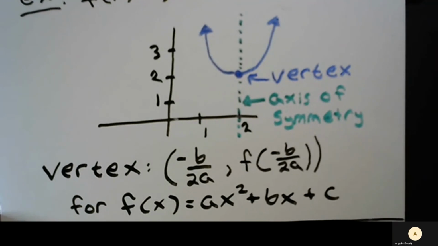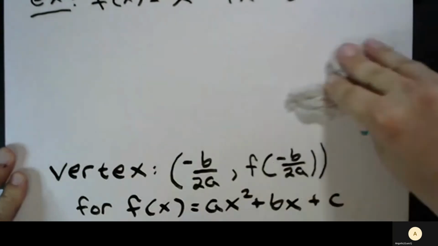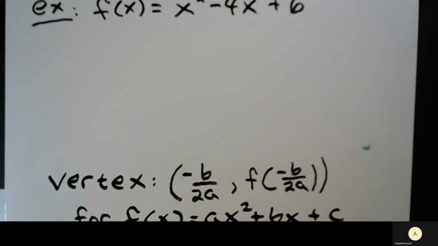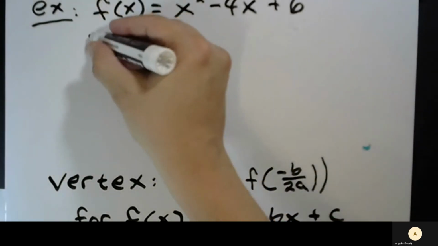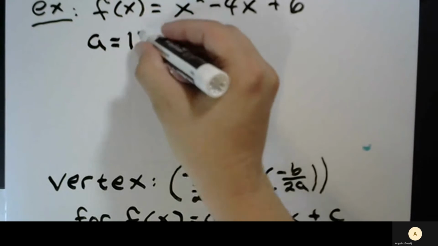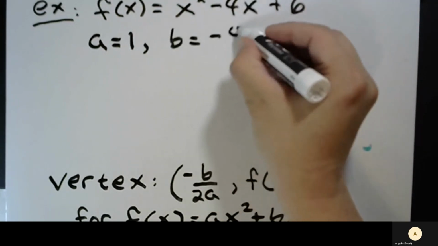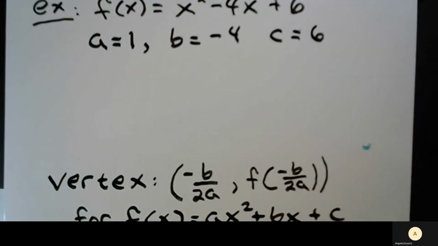All right. So for our function here, A is equal to 1, B is -4, and C is equal to 6.